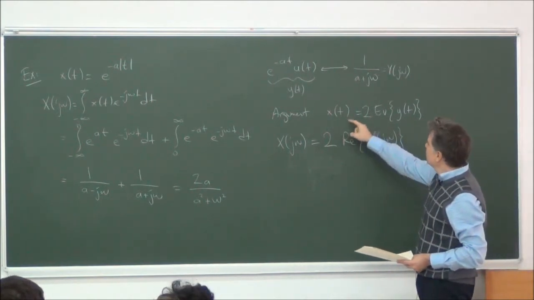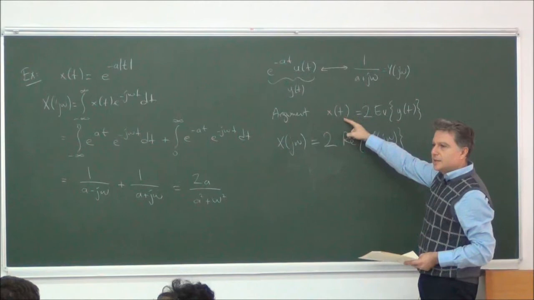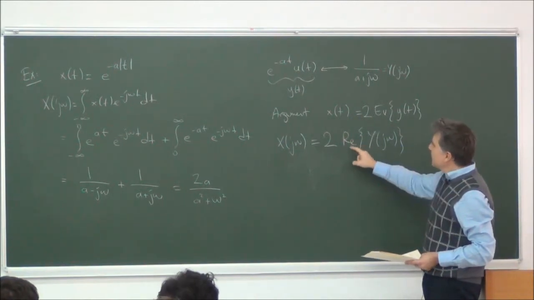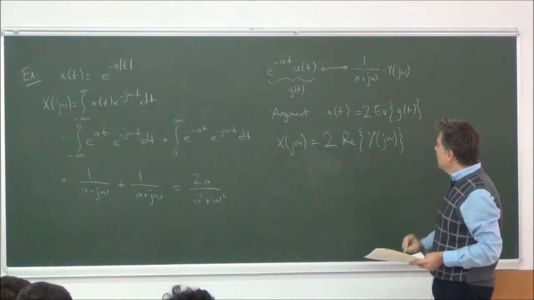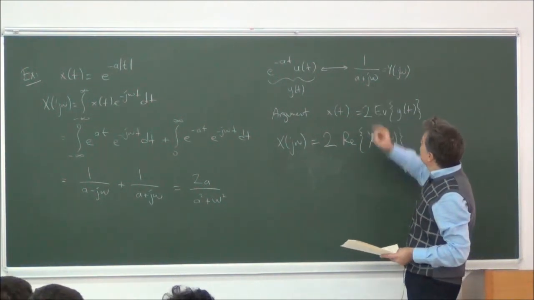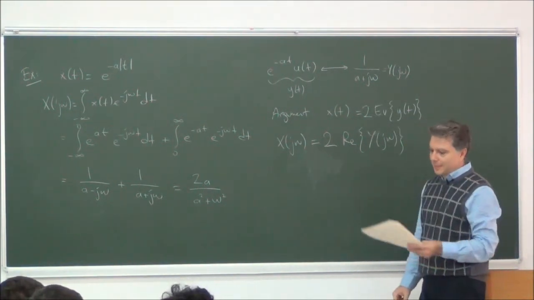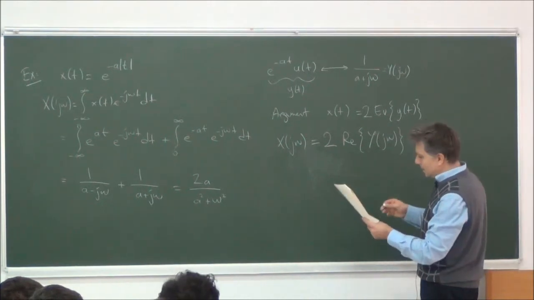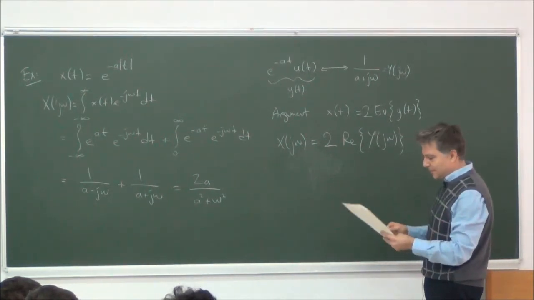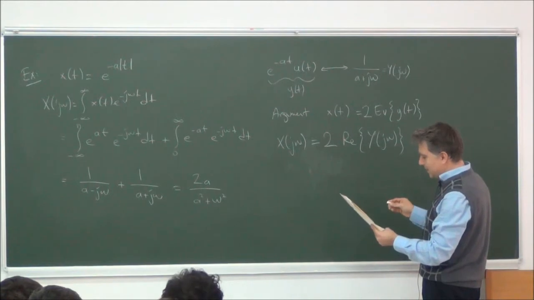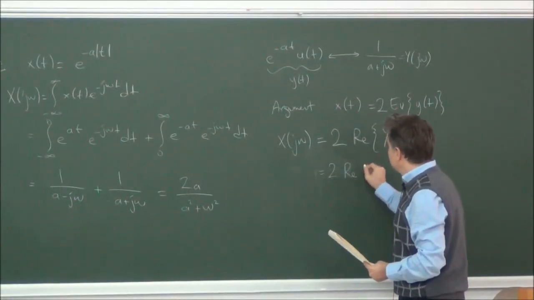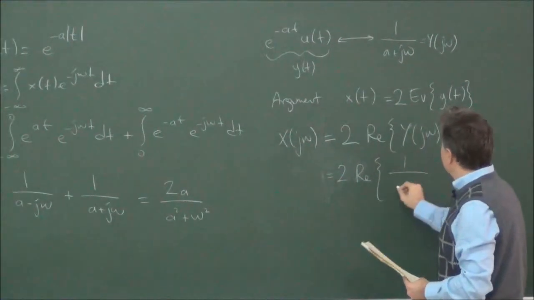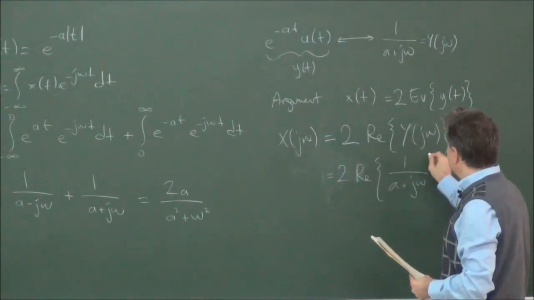Since the even part is taken in the signal, the real part must be taken in the transform. That's what it corresponds to. What is the real part of this? The real part of that is, well, let's write it first. Twice the real part of 1 over a plus j omega.